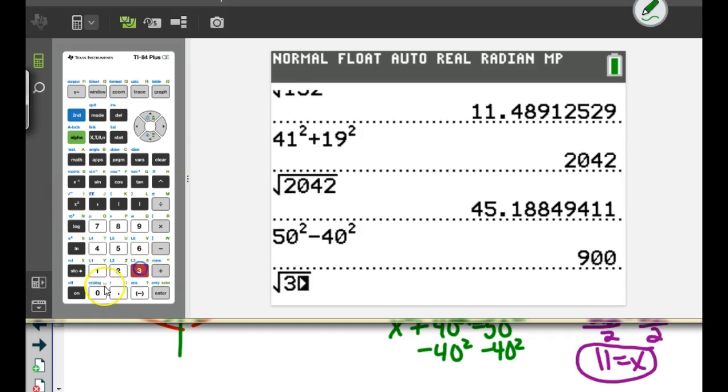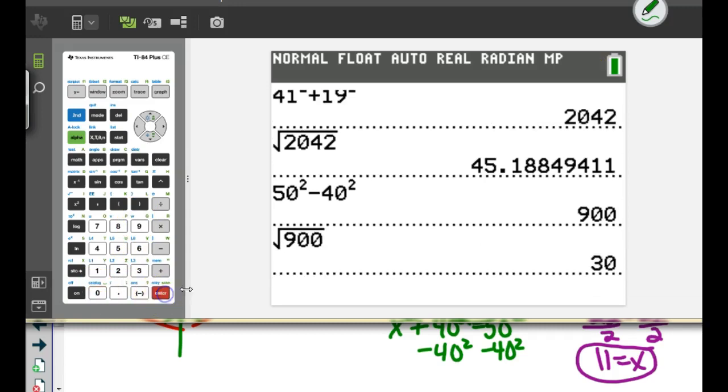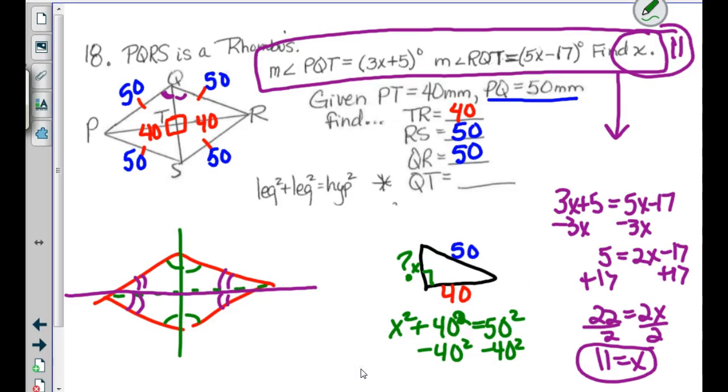Some of you could do that in your head. The square root of 900 is 30. So we had x squared equals 900, and then when we square rooted, we got 30, and that was this remaining piece here. So on the picture, there'd actually be a 30 up there and a 30 down here. The whole thing would be 60.